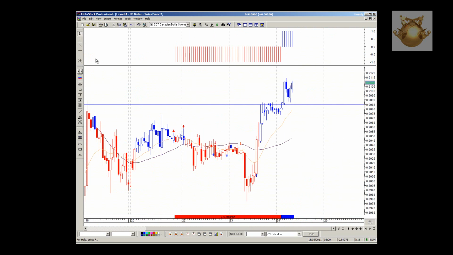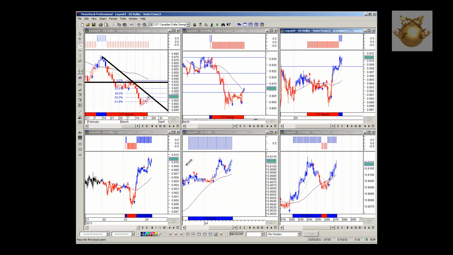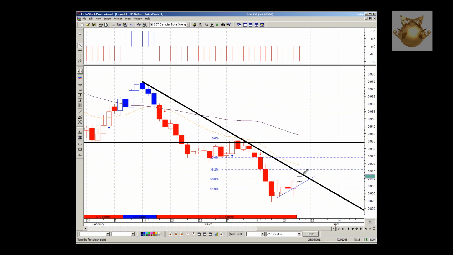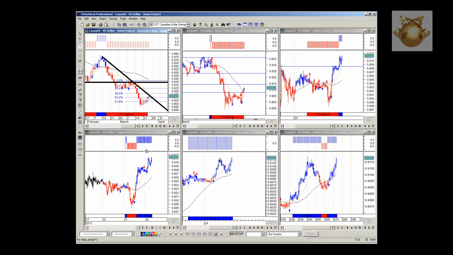Fail to do that, would see the price pull back, and we would see possibility of negativity coming back in the market, primarily because we're trading quite close to a downtrend on the daily, which is set at roughly 0.915 ish area. Okay, just make a note of that.